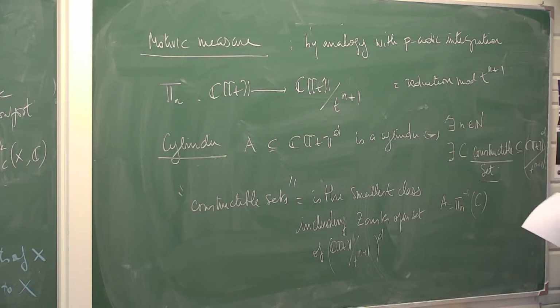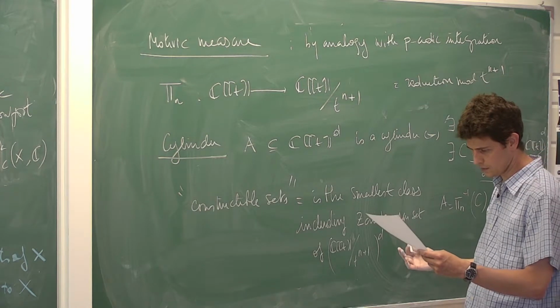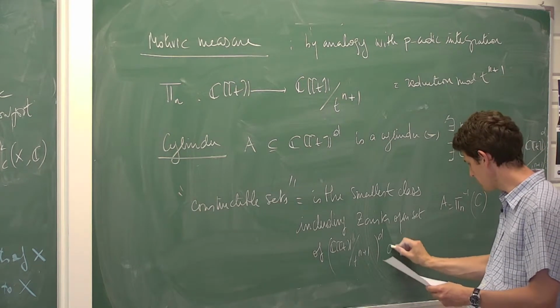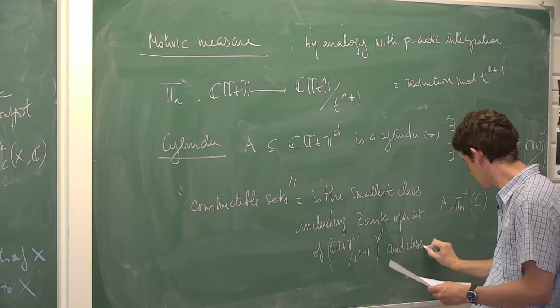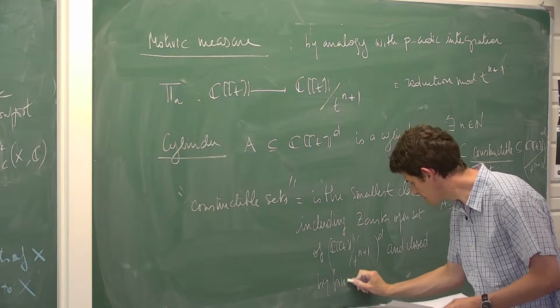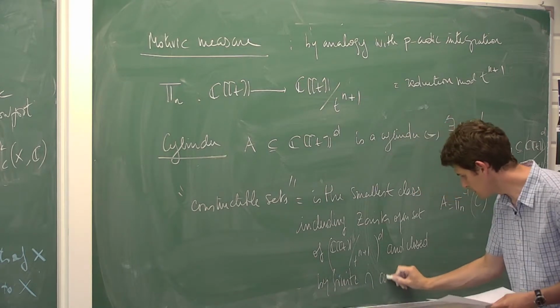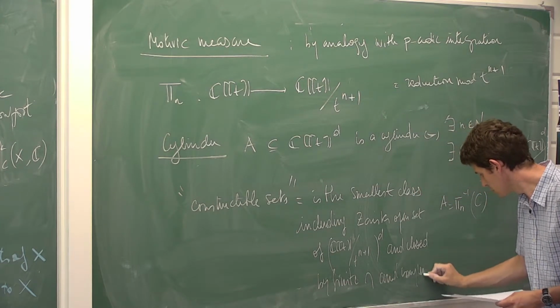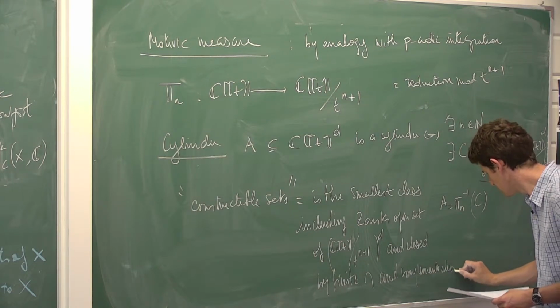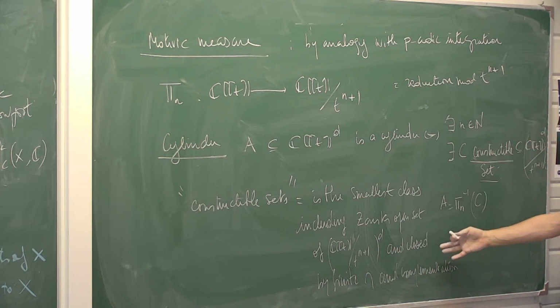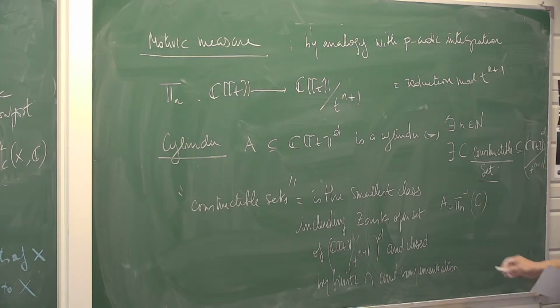And so you take all the Zariski open sets and you close by finite intersection and complementation. So by this process, a constructible set has a class, using the cut and paste relation, in the Grothendieck ring of varieties.